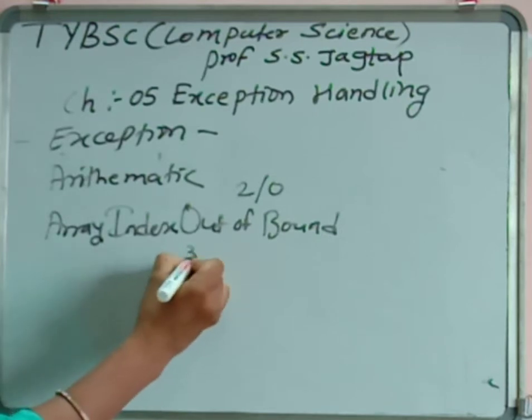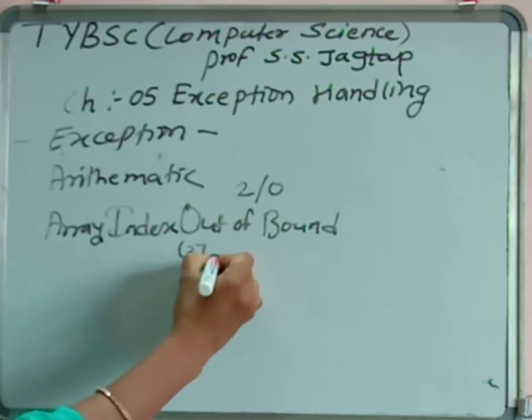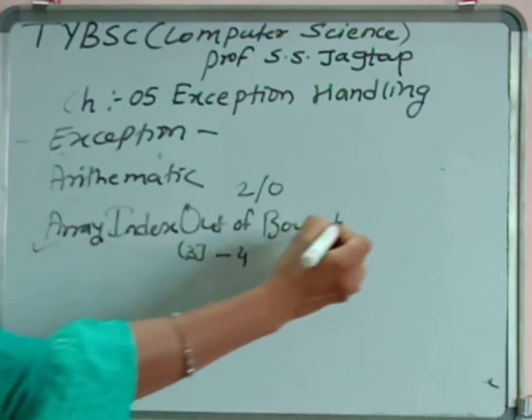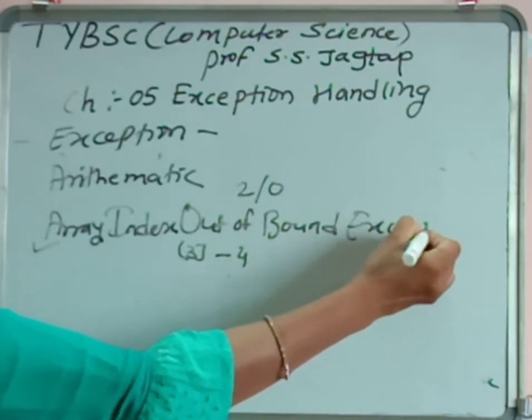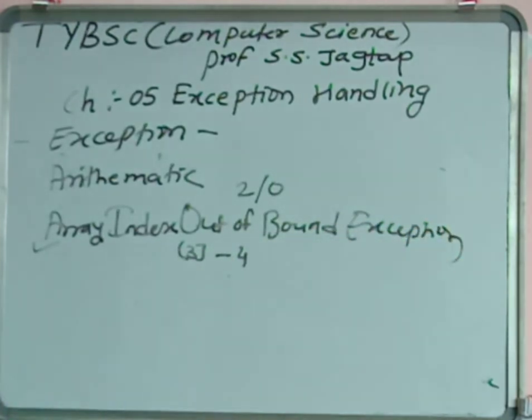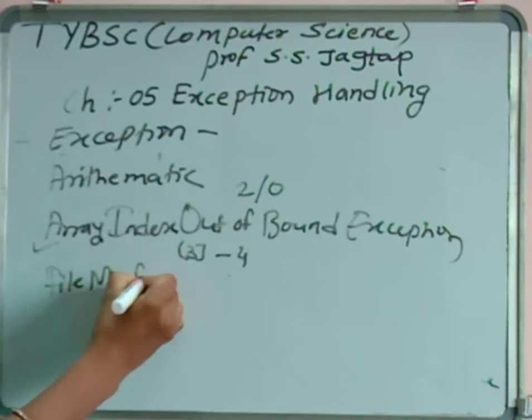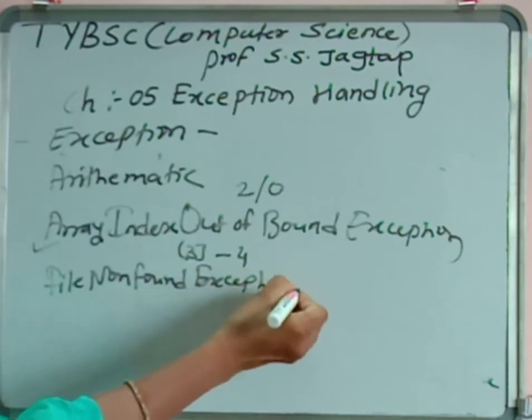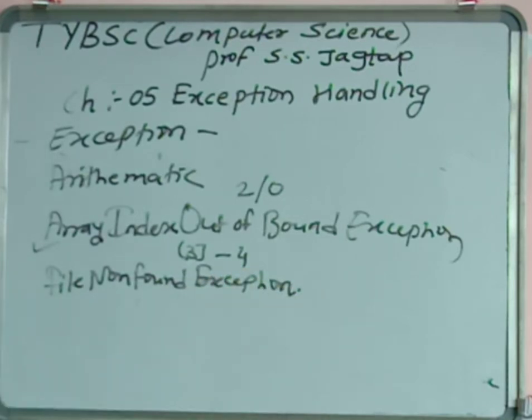Suppose the size is 3 and we are giving 4 elements, then it is considered an ArrayIndexOutOfBoundsException. Next is FileNotFoundException, which is caused by an attempt to access a non-existent file.